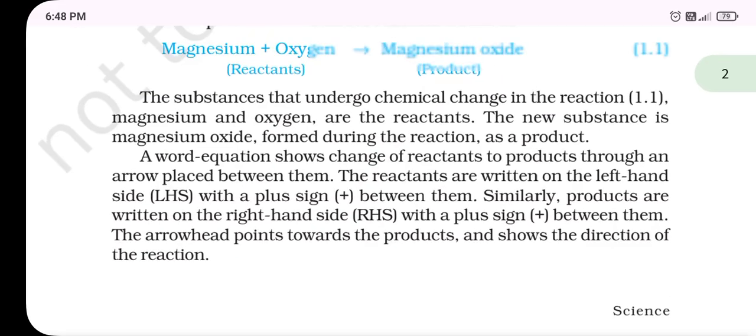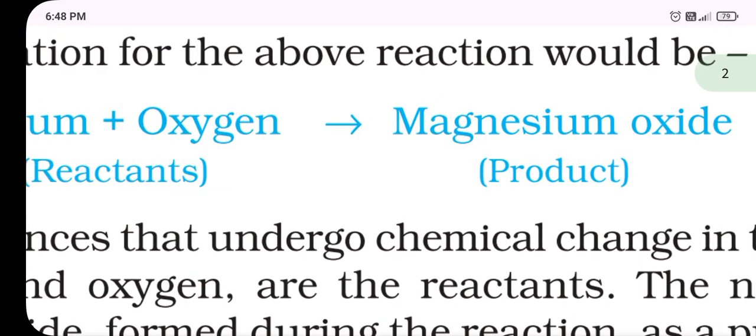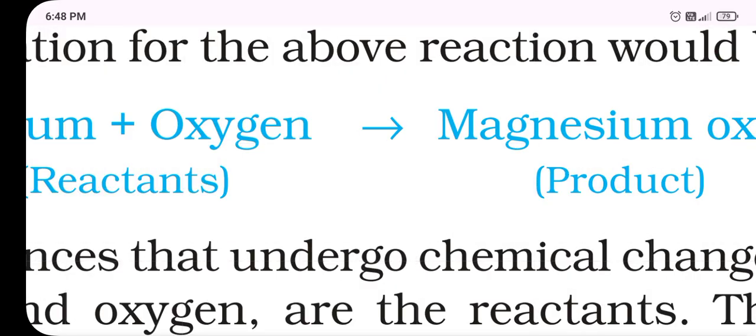So here it is. You can focus over here. There is an arrow in between reactants and product. One arrow, pointed towards the right direction. Its head tells about the product, and the tail of the arrow tells about the reactant.